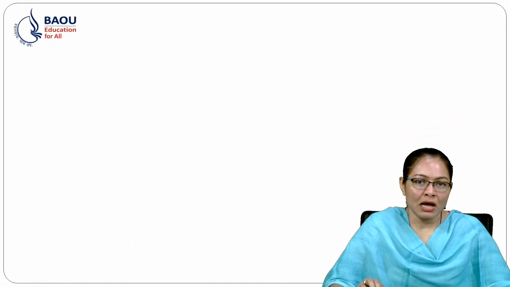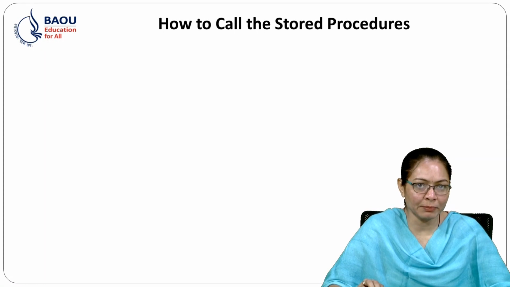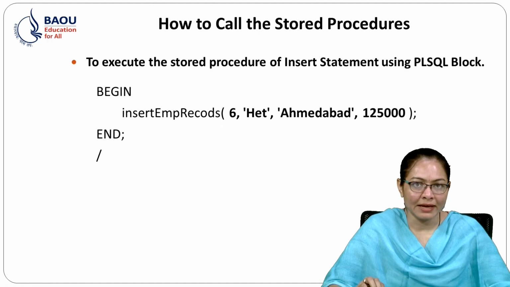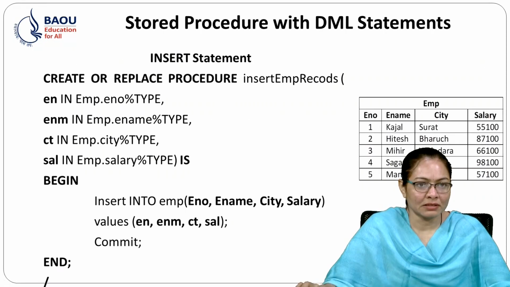Now, how to call the stored procedure? To execute the previous stored procedure of the insert statement using a PL/SQL block, we can write begin, and in begin, insert EMP records, which is the procedure name, and then provide the values.